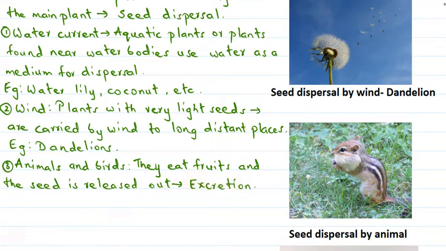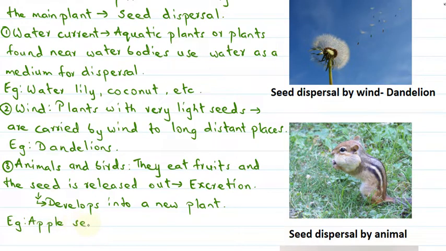Then the seed develops into a new plant, right? For example, this happens in the case of apple seeds, blackberry seeds, etc.